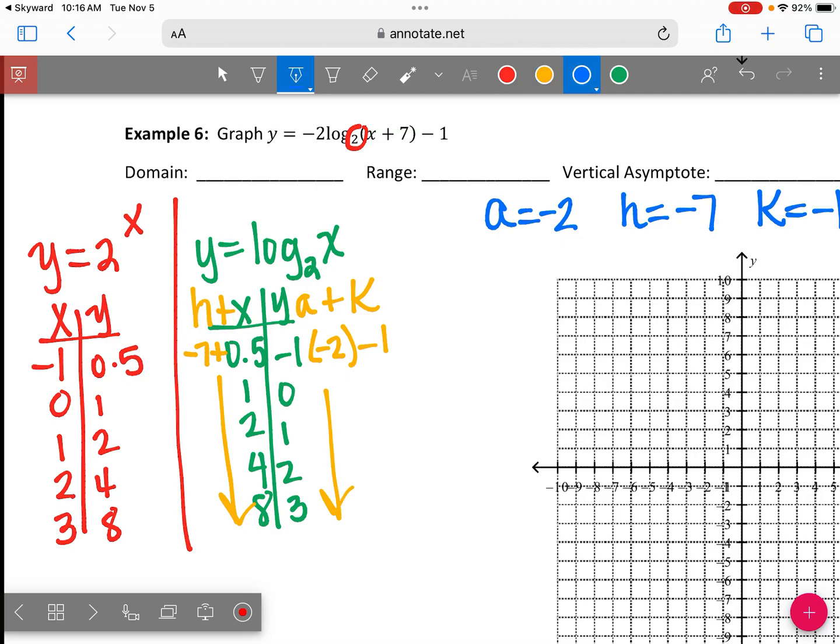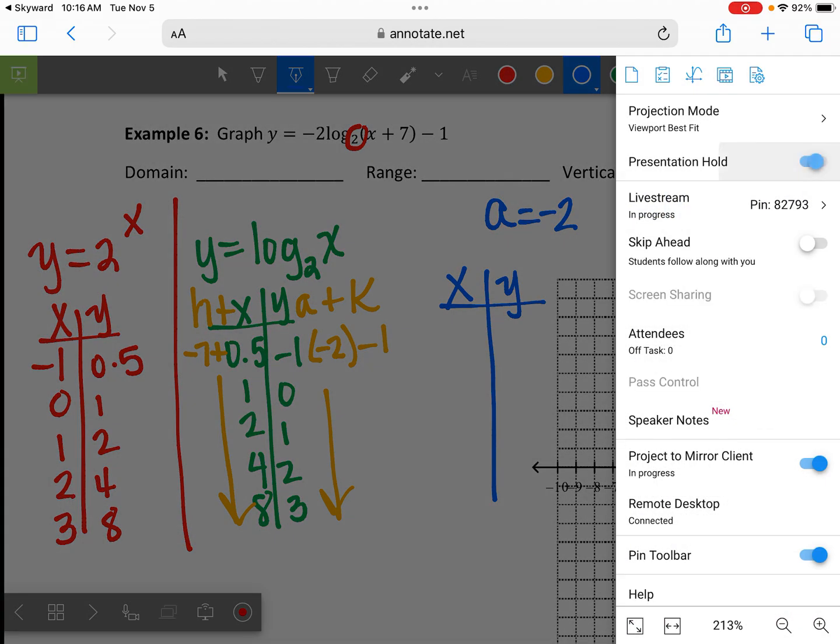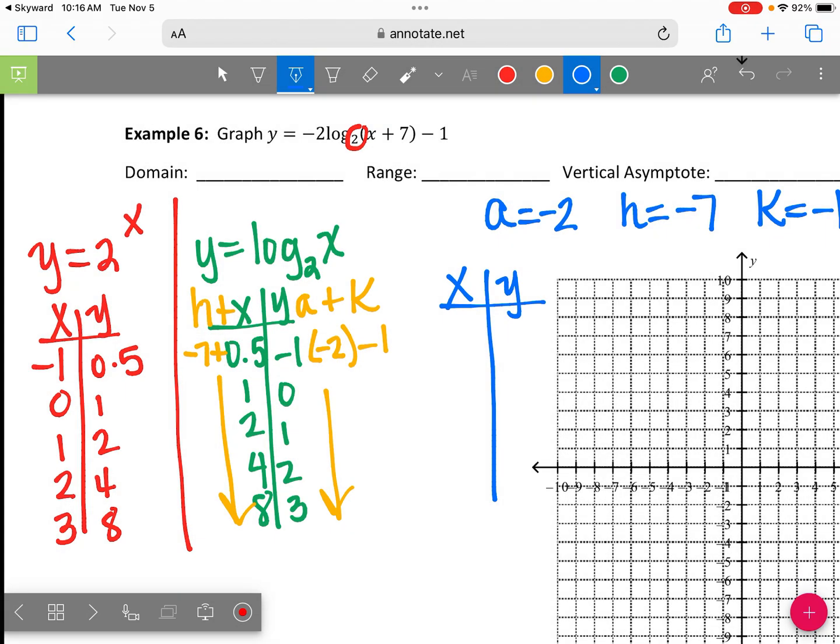So take a minute, and this is the table. The blue table is the table we're going to graph. So go ahead, pick up your calculators or your phones or whatever you're using to find your table. I'm going to freeze my screen, and I want you all to fill in your table, and then I will unfreeze my screen, and you can see if your values match my values.